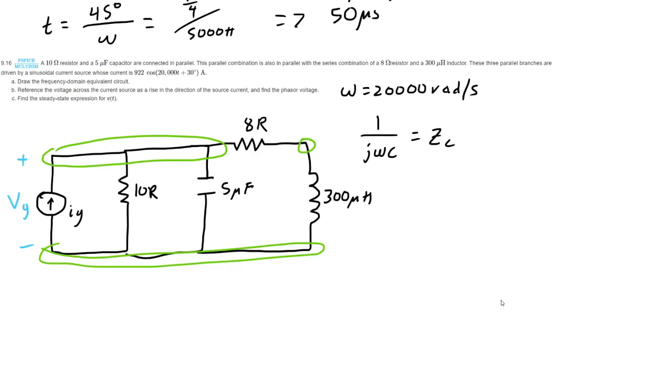Doing all of this, we're going to get an impedance of negative j10 ohms from the capacitor. We're going to do a similar thing for the inductor.